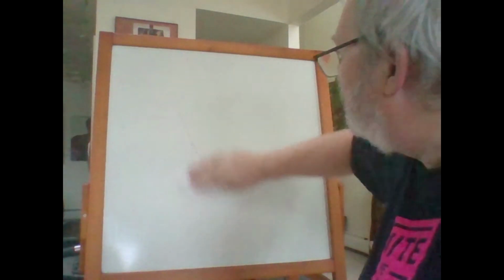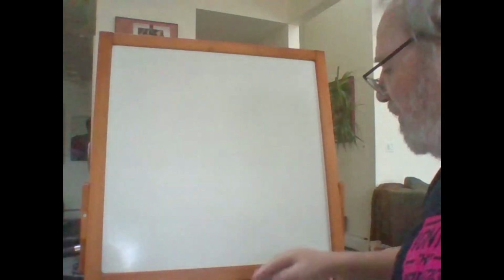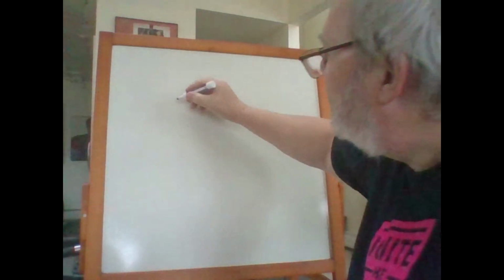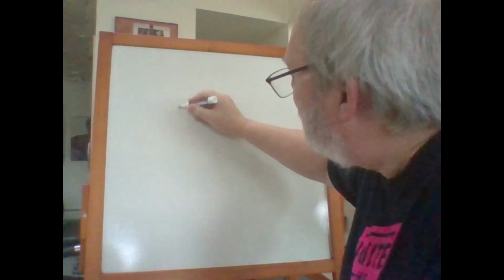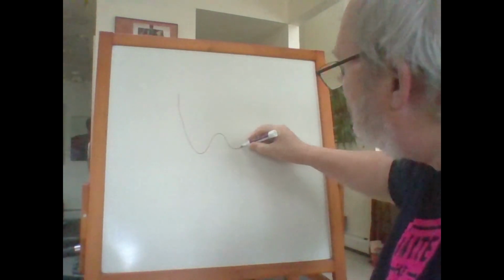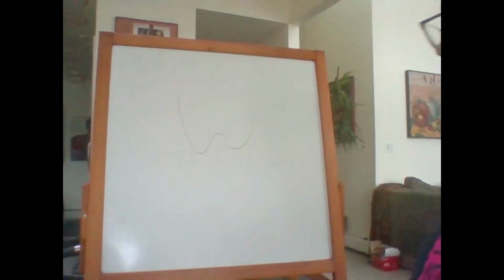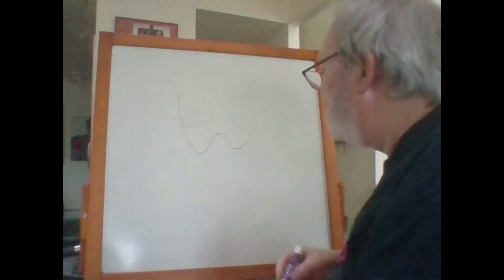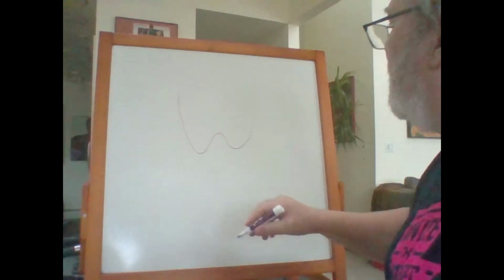So where we have a function, like we had in our last video, where a function goes like this, like that. It's not perfect, but you get the idea.